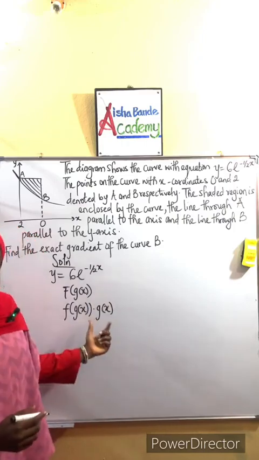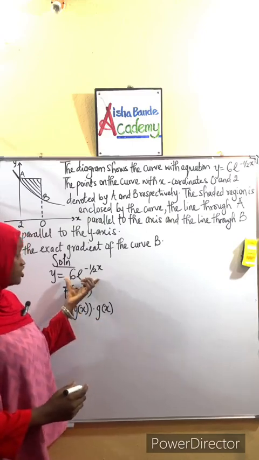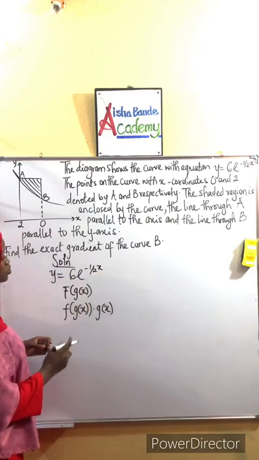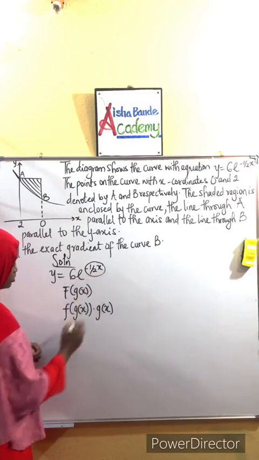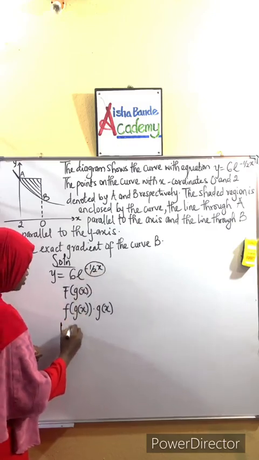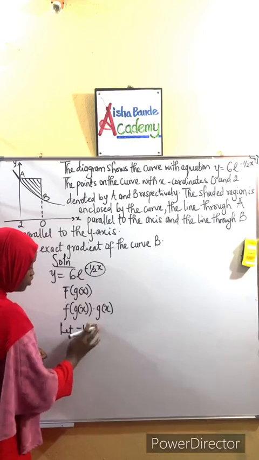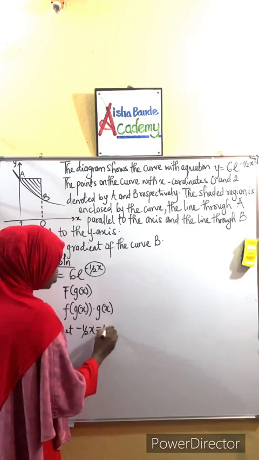So from this chain rule, we can use this to differentiate what we have here. Differentiating now, we're going to let the power, minus 1 over 2x, be represented by a letter, let's say u.